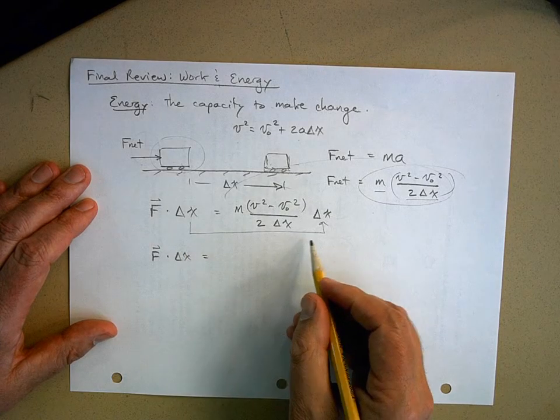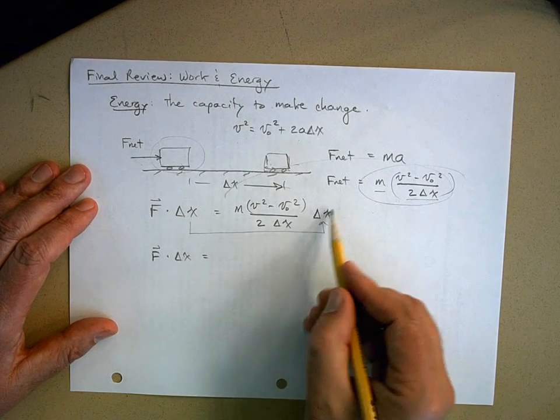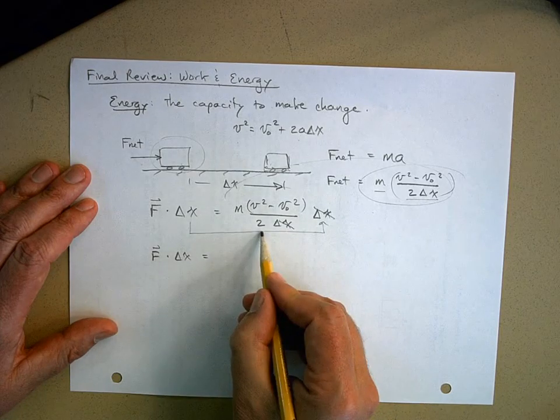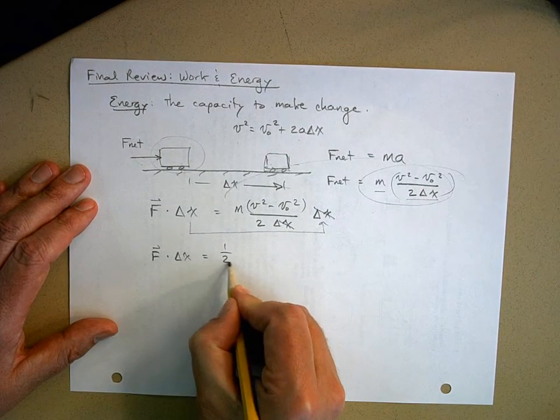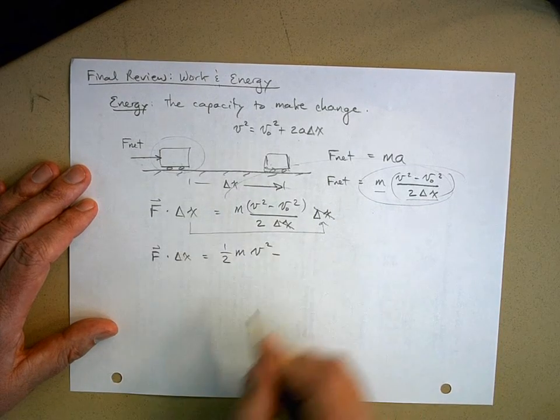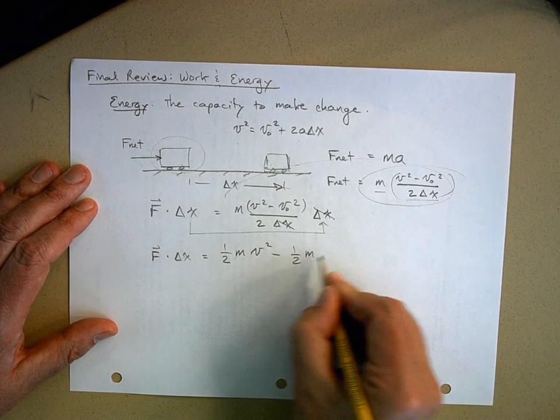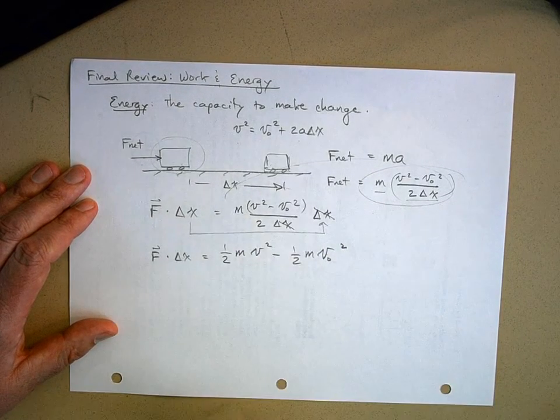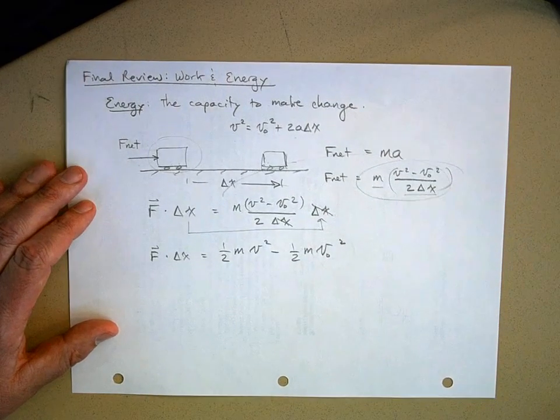is equal to, well, let's clean this up. Delta x cancels. I've got to divide by 2, so that's going to be 1/2 the mass times the final velocity squared minus 1/2 the mass times the initial velocity squared. So I just re-derived it, and I did it fairly quickly.